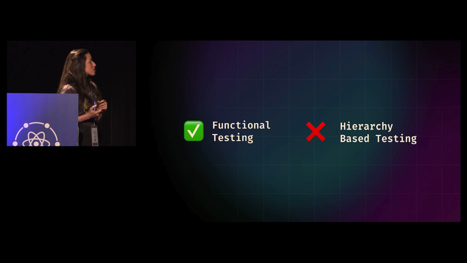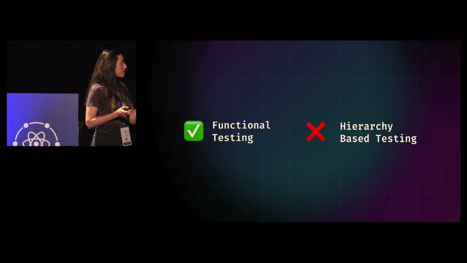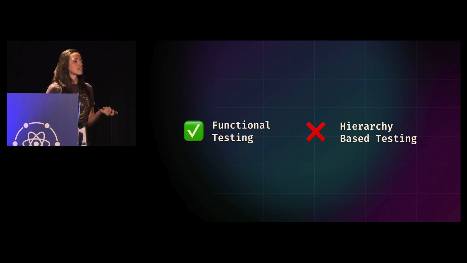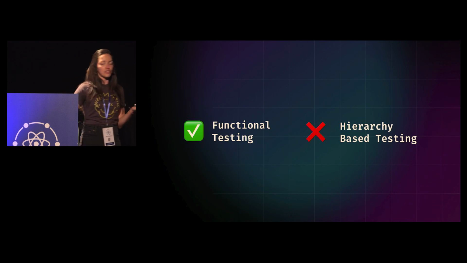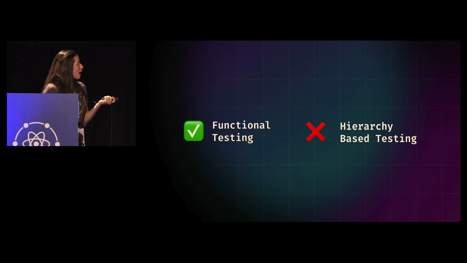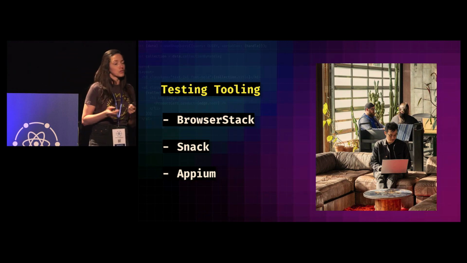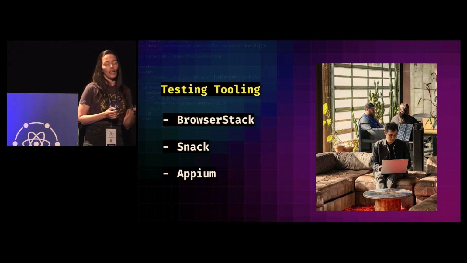This has allowed us to go with a more functional testing strategy rather than a hierarchy-based one, which allows us to have our tests be reusable in multiple scenarios. Another thing that we really like to focus on is testing the tooling that we use for testing. So we leverage tools like BrowserStack, Snack, and Appium.